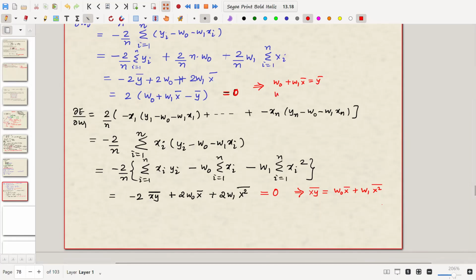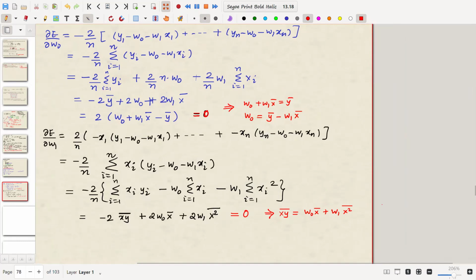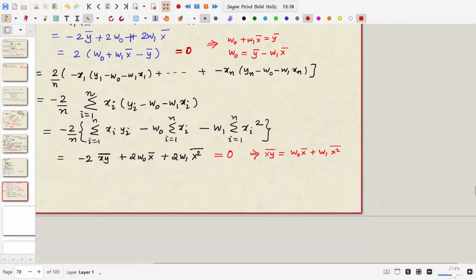So you can find W0 here. W0 is nothing but y bar minus W1 x bar. What is W1? Put the value of W0 here. So xy bar equals W0, that is y bar minus W1 x bar, into x bar, right?